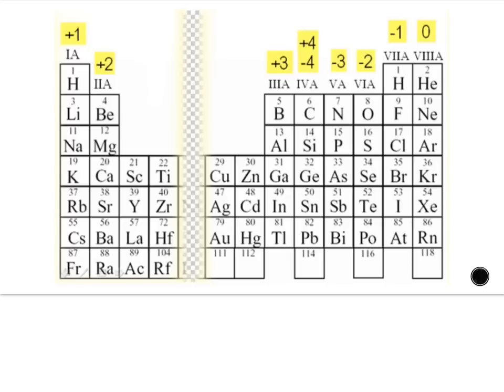That's not necessarily the case, so let's just cross that off. The only ones that you need to know from group 4 that form a charge are tin and lead. Tin and lead can be plus 2 or plus 4. Now if we go to the other side with the halogen group here, okay, -1, -2, -3.